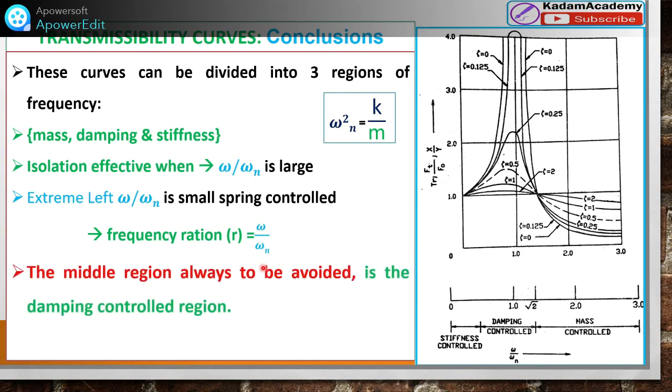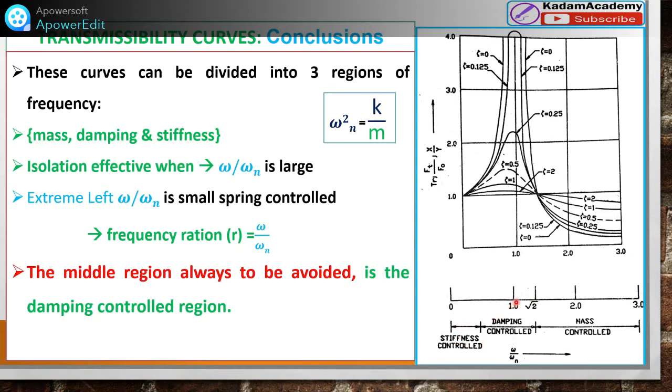The middle region, from 1 to 2, is always to be avoided. Before this middle region, there is a spring control region.